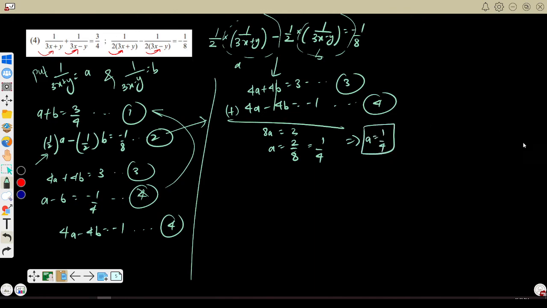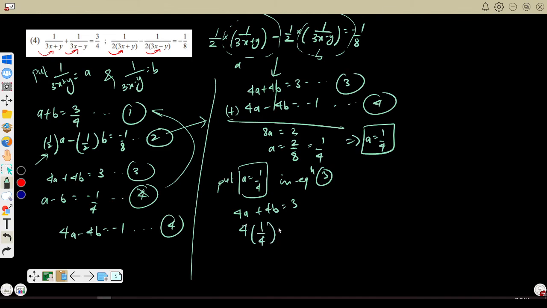So now I have the value of the first variable, that is a, which turns out to be 1 upon 4. Now to find the value of b, it is very easy. If I put a is equal to 1 upon 4 in, let's say, equation 3, I'll copy the equation 3, 4a plus 4b is equal to 3. 4 multiplied with 1 upon 4, a has been replaced with 1 upon 4, plus 4b is equal to 3. 4 and 4 will get cancelled, so the equation is 1 plus 4b is equal to 3.